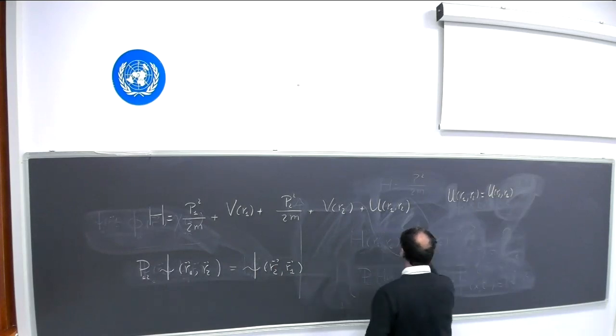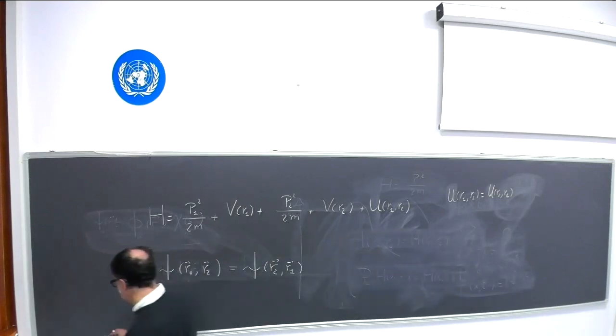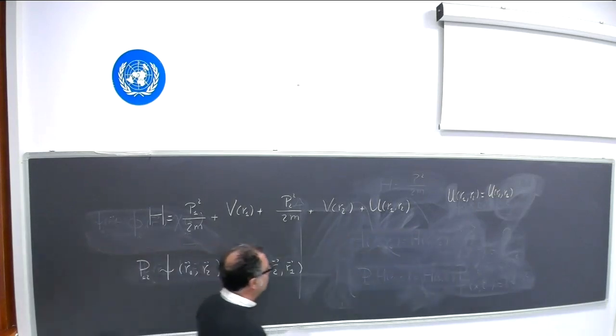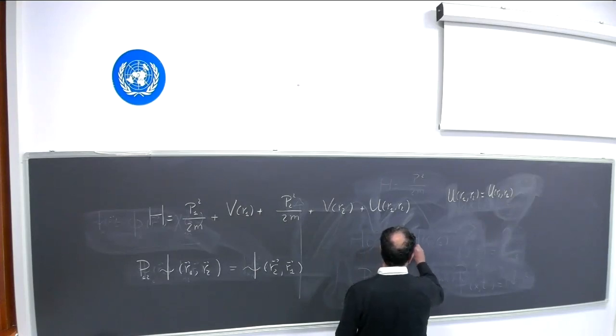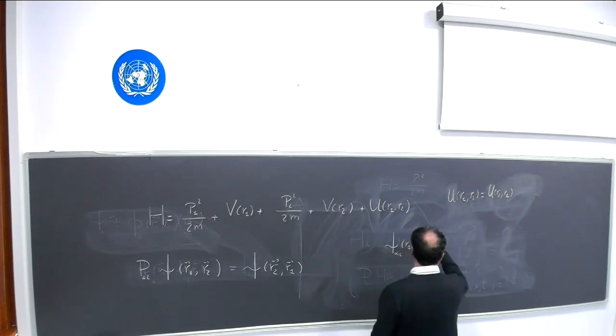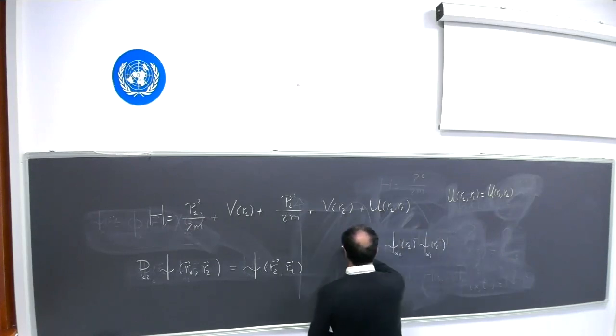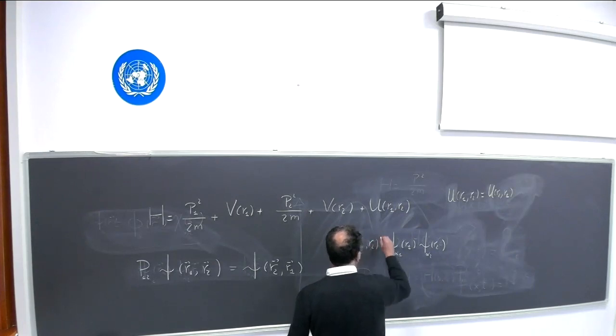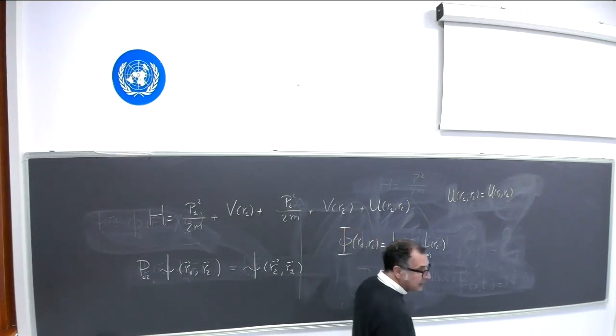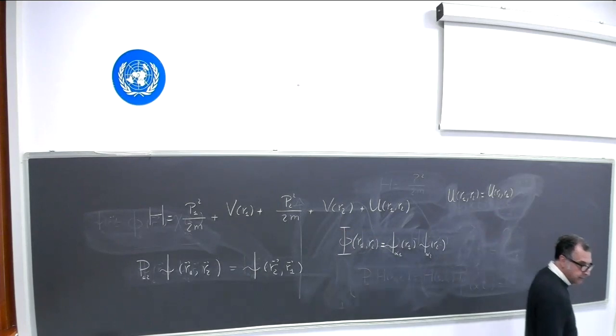So let me make an example. Suppose you have two electrons, or two particles, and I put one in the state alpha 1 at R1 and the other in alpha 2 at R2, and I call this wave function phi of R1, R2. Is this an eigenstate of P?